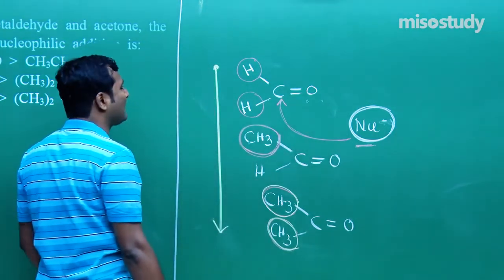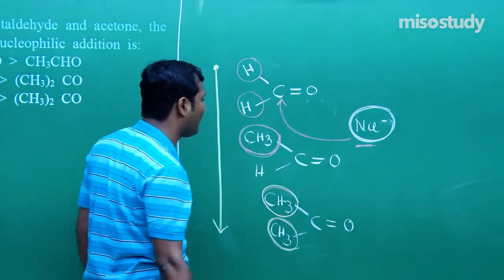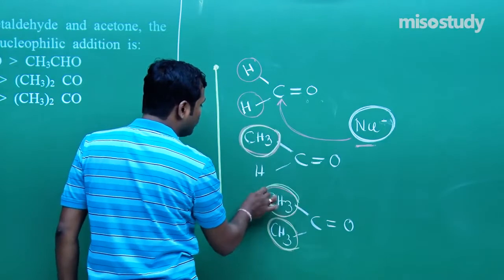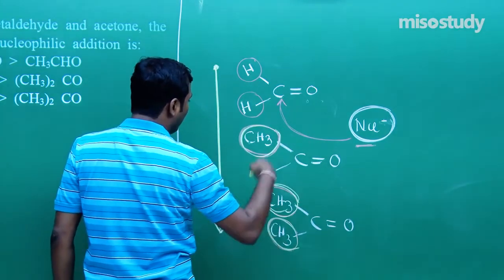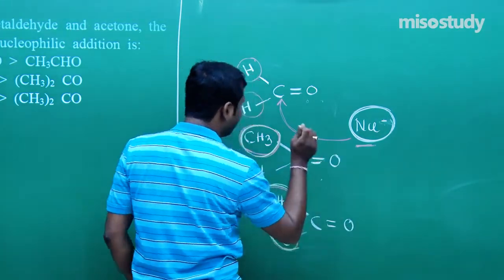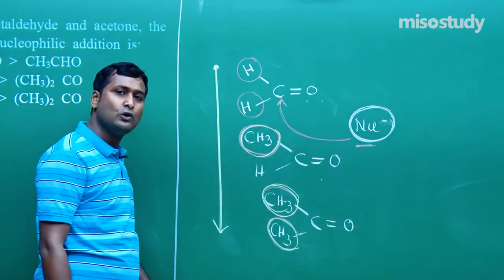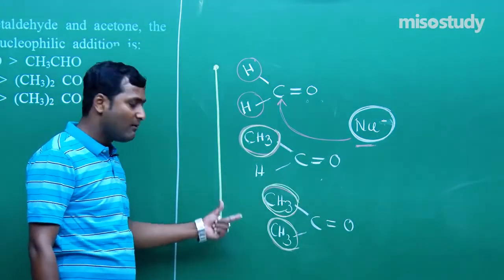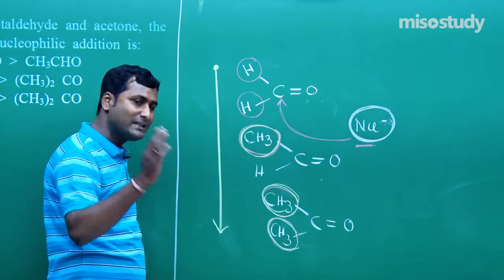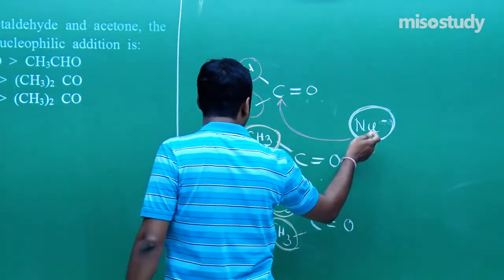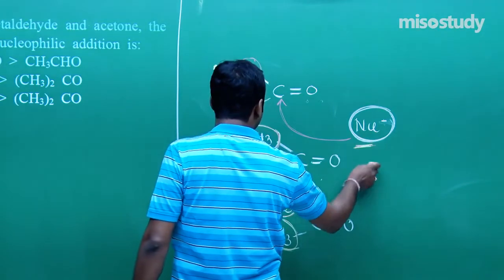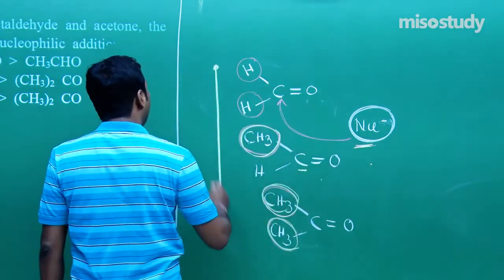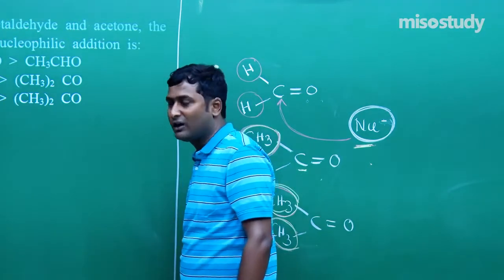Second is the electron donating, that is, plus I effect. Here is one electron donating group, here are two. More plus I effect means less tendency for the nucleophile to attack. So of the two effects, the best one is the steric effect. The more alkyl groups, the less is the tendency of the nucleophile to attack the carbonyl carbon. So what is the reactivity order?